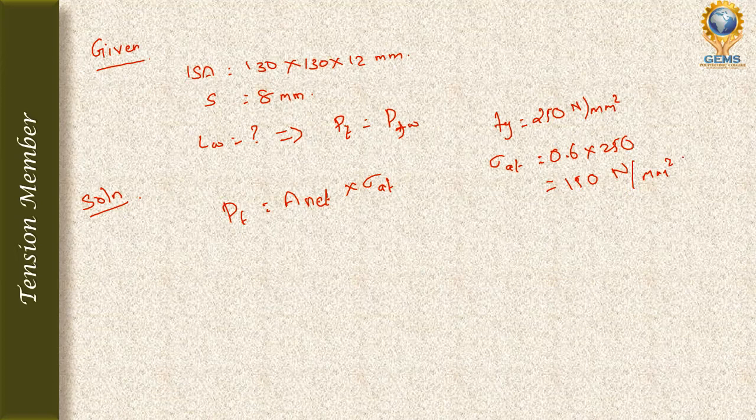Then area of the net. It is a single angle section, so area of the net is equal to A1 plus A2 into K1. So what is the K1 reduction factor? It is 3A1 by 3A1 plus A2. So we have to find A1, A2, then K1.